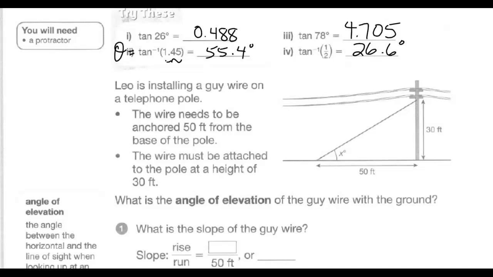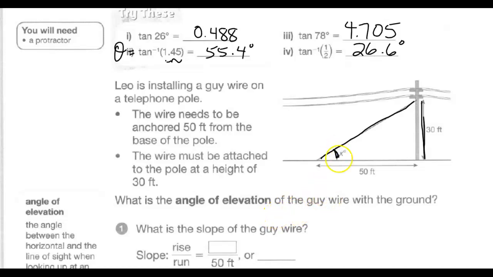Okay. All right. An application here. Leo is installing a guy wire on a telephone pole. That's a wire that helps hold up the pole. So this is the wire. The wire needs to be anchored 50 feet from the base of the pole. The wire must be attached to the pole at a height of 30 feet. What is the angle of elevation with the ground?